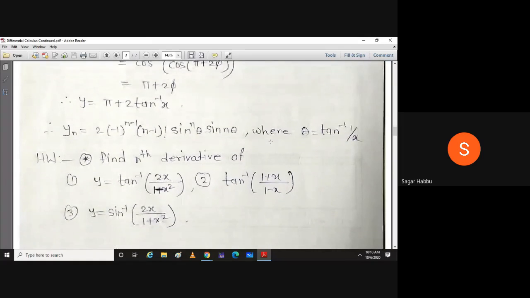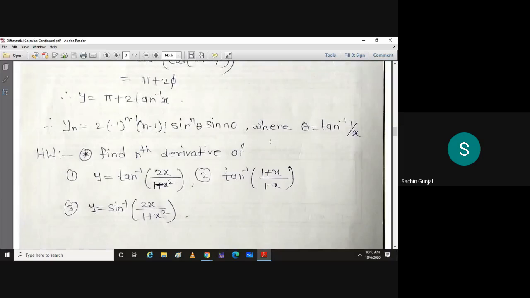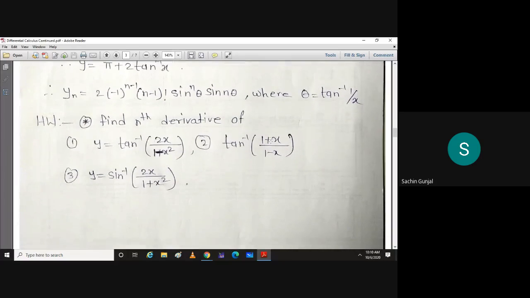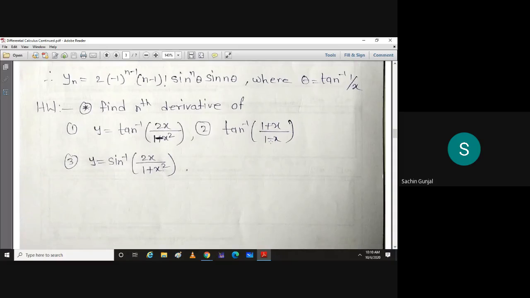So as homework, there are 3 problems on a similar line, and the substitutions are very clear actually. Can you tell me what will be the substitution in each case?